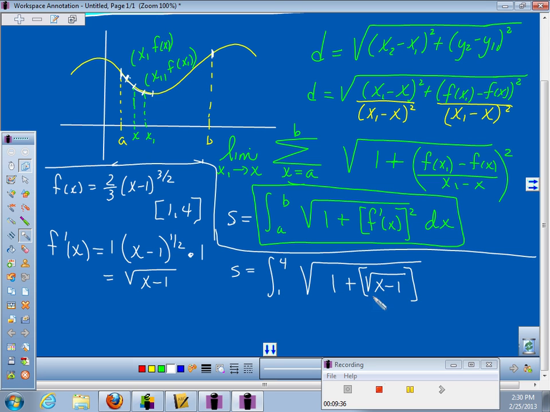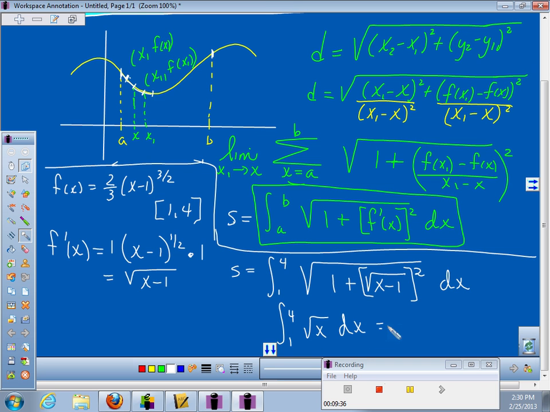But then the formula calls for us to square it. That's really easy. It's just going to be 1 plus x minus 1, because the square root goes away, so the 1s cancel, and it's really just the integral from 1 to 4 of the square root of x.